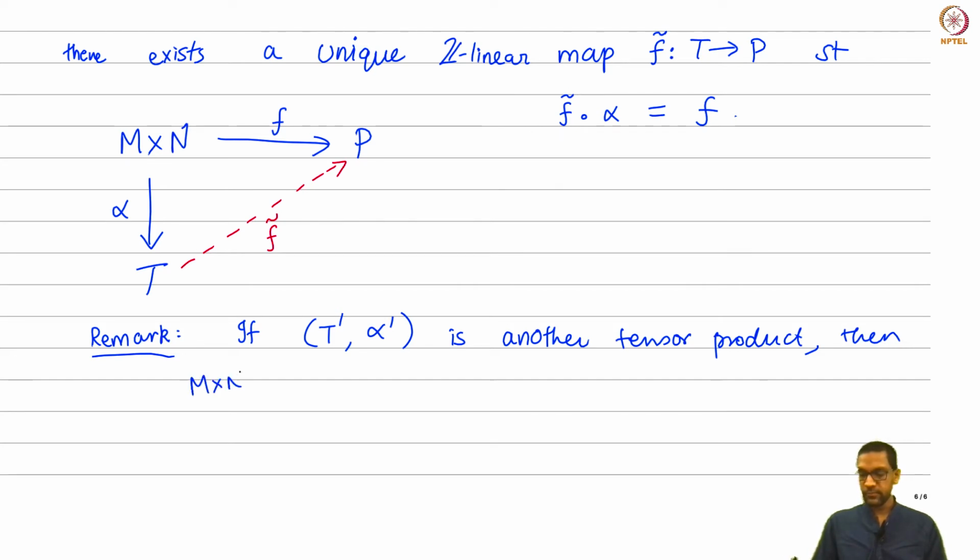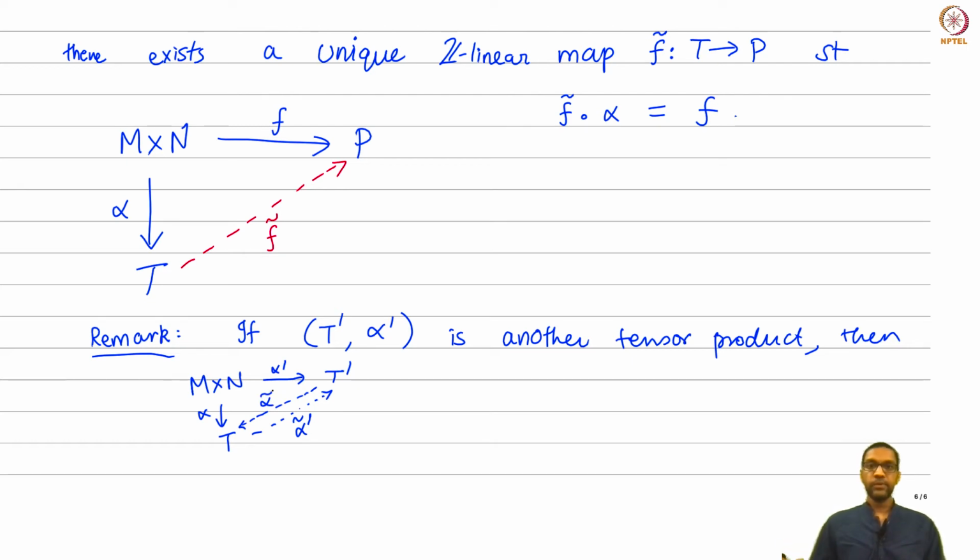Look at this: M cross N, T prime, T, alpha, alpha prime. By the universal property, there is a map alpha prime tilde in this direction. Similarly, T prime is a universal object, meaning it's also a tensor product with the same universal property, so you can also show that there is a map alpha tilde in the other direction.